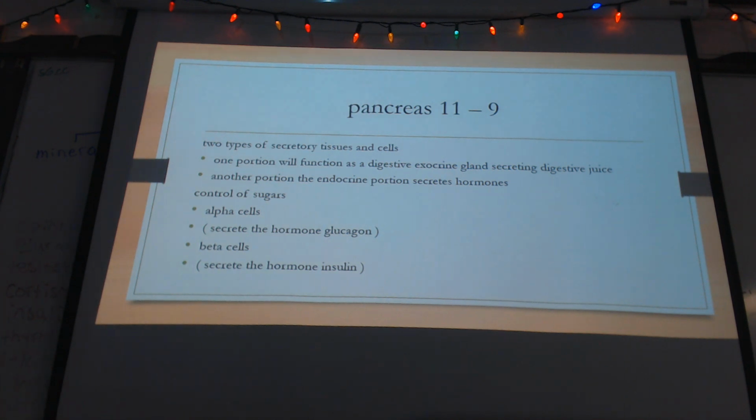And then once you know that the alpha cells make the glucagon, then when it comes to beta cells and insulin, that's just by default. Once you've found one, then by default you know what the other one is.